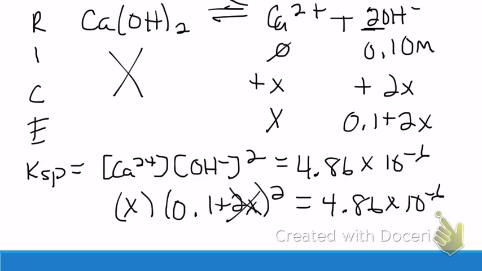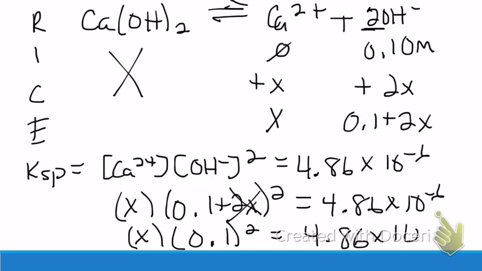And we can simplify this by dropping the plus 2x because our value for Ksp is pretty small, 10 to the negative 6, and so we can make this easier by dropping that value. So we get x times 0.1 squared equals Ksp, 4.86 times 10 to the negative 6.